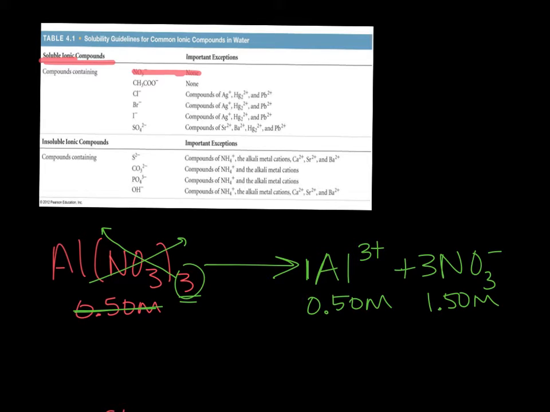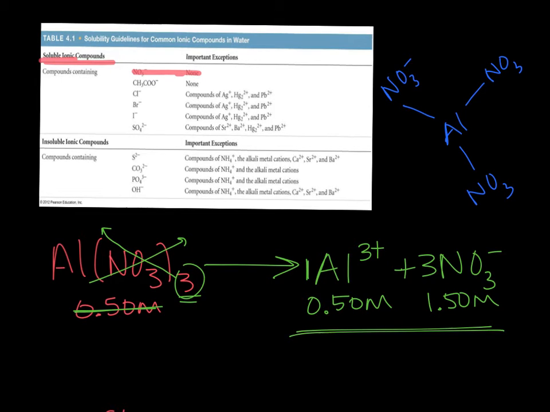I just want you guys to be able to see, if you have a certain substance and it's dissolving, this is what it's actually turning into when it's put into the liquid, the solvent. If you have a hard time visualizing that, I'm going to draw a picture. We have aluminum with 3 nitrates, and this is not at all what it looks like.